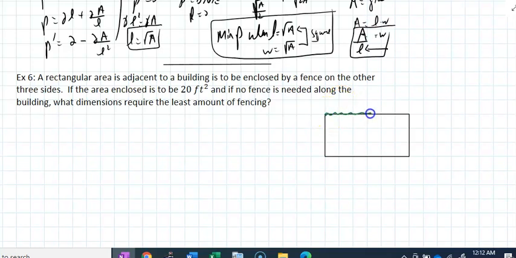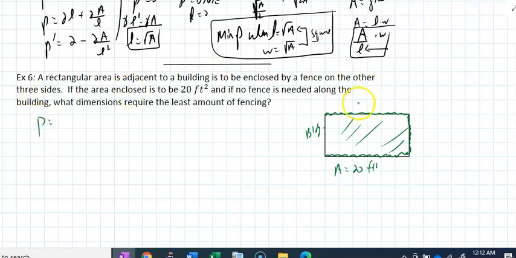So you're going to enclose the area on 3 sides. The building part, you really don't have to enclose. If the area is 20 square feet, and if no fencing is needed along the building, what dimensions requires the least amount of fencing?